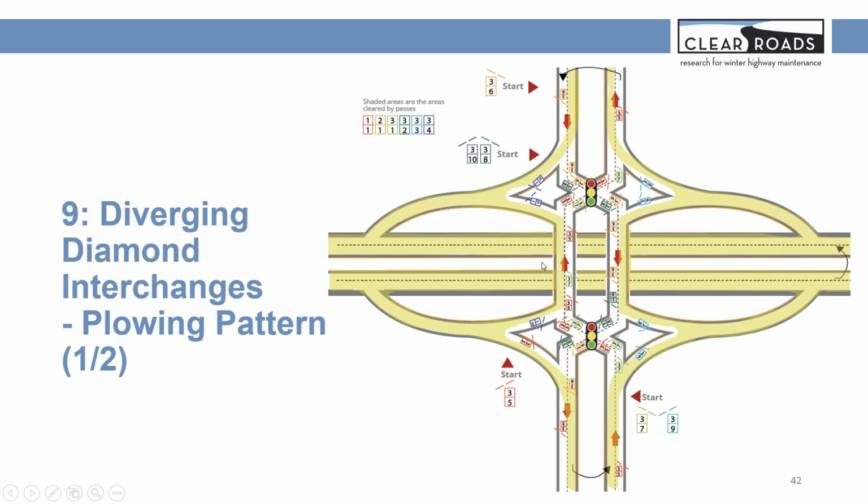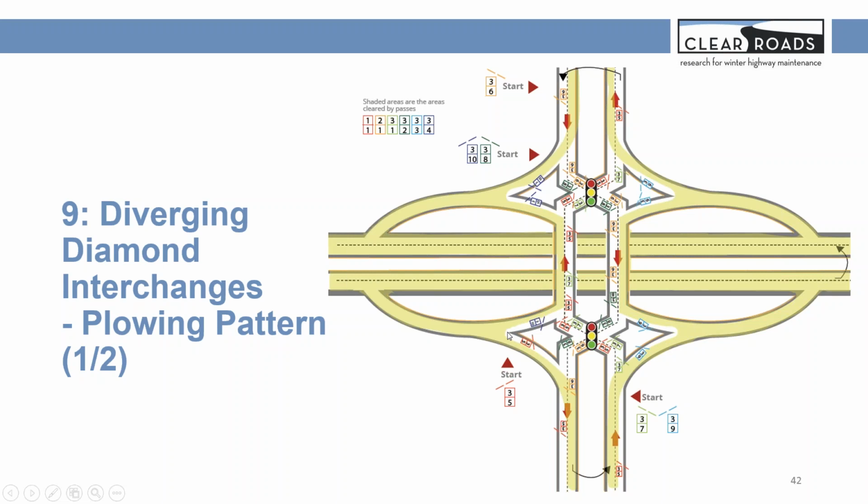And for this figure, all the highlighted areas are areas already cleared in the previous passes. So pass number 5 starts from here. The truck turns around and starts pass number 5 at the split point.